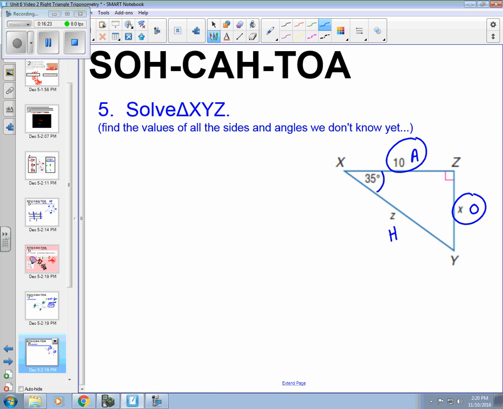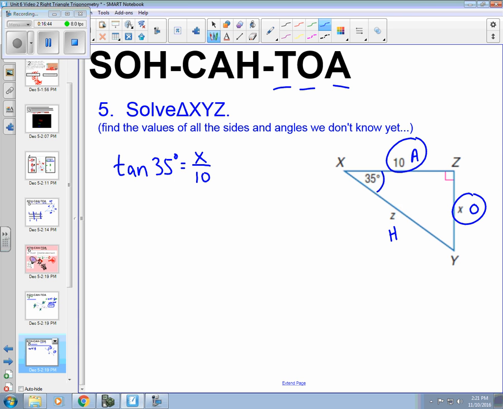Opposite and adjacent, that's our good old friend tangent. That's the one we want to use in this problem. So write down tangent 35 degrees equals, and it's always opposite over adjacent for tangent. That would be x over 10.